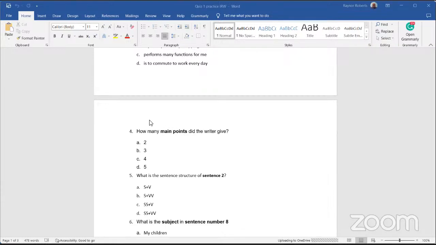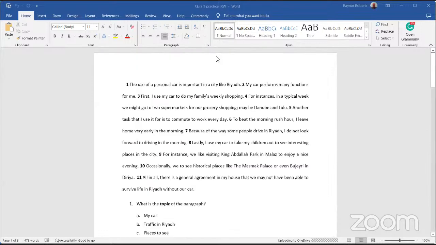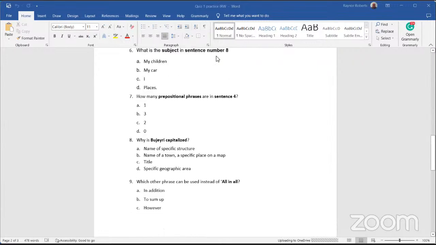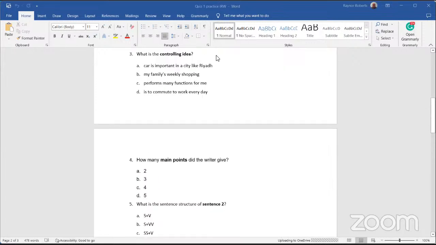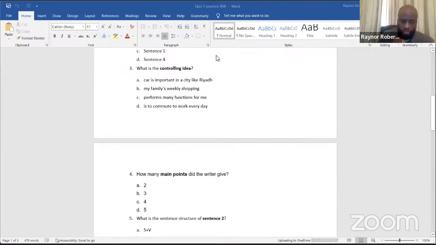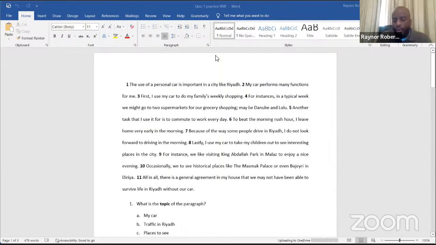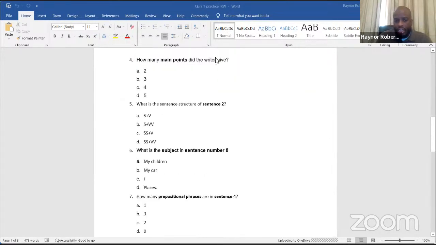Teacher, can you repeat the title? The Wi-Fi is bad and I couldn't understand why we choose our choice. It's my car, because the entire paragraph is talking about the importance of the car.